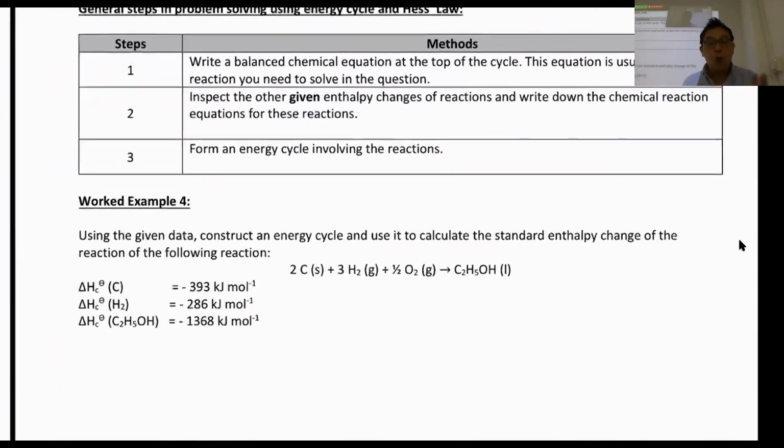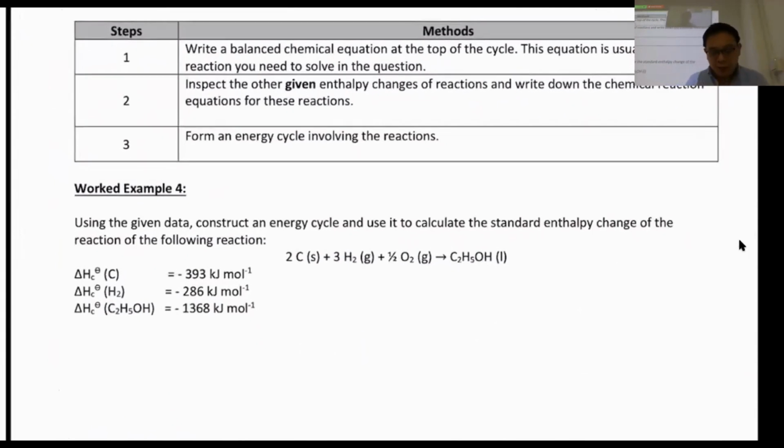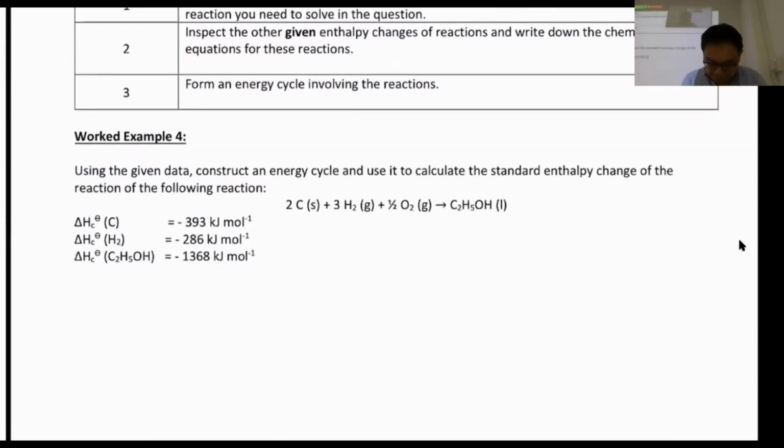So we will take a look at one worked example together. For those of you who always find that energy cycle is very confusing, follow me along the way, temporarily disregard or maybe forget what you learned in school for the moment. Later you just remember that. So I have given the data below. I need to construct an energy cycle and calculate the enthalpy change of the reaction here.